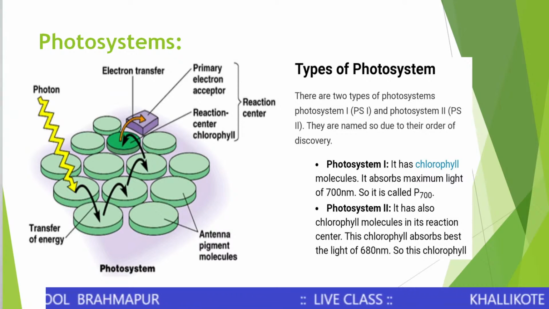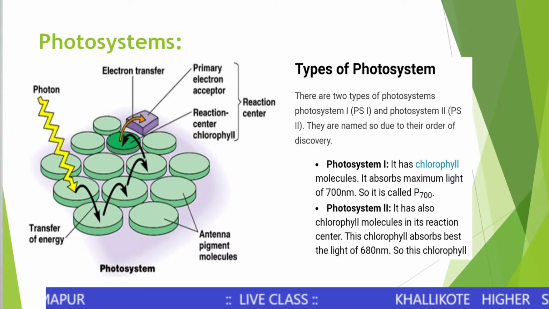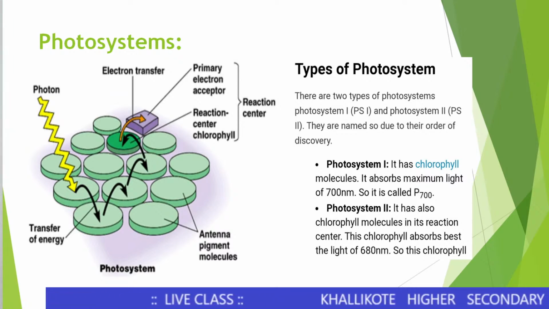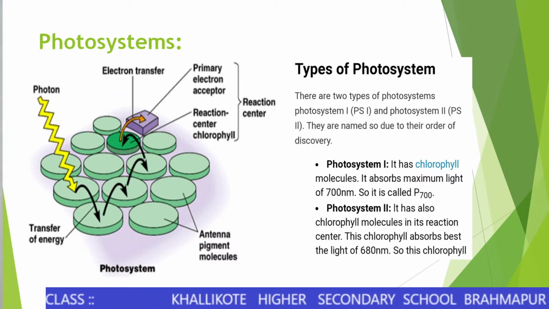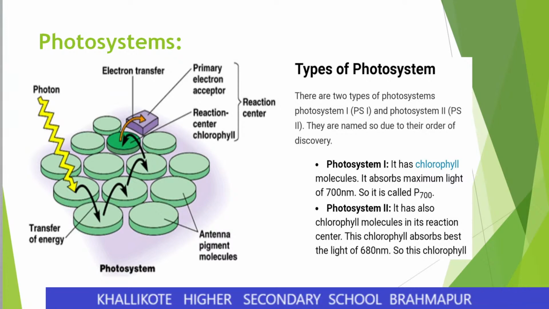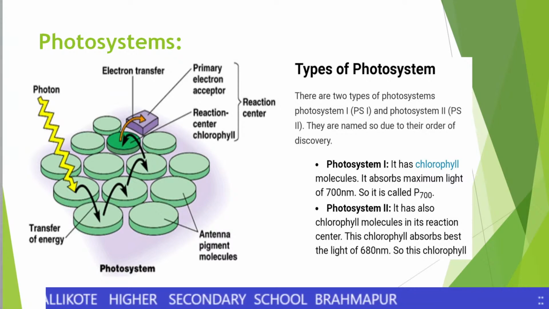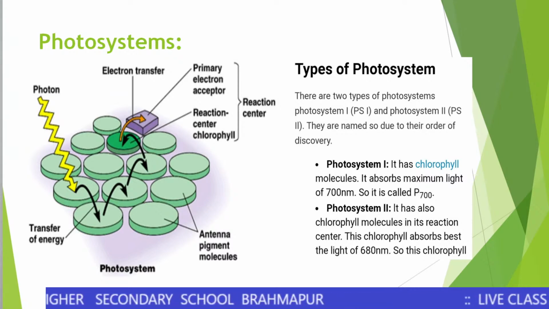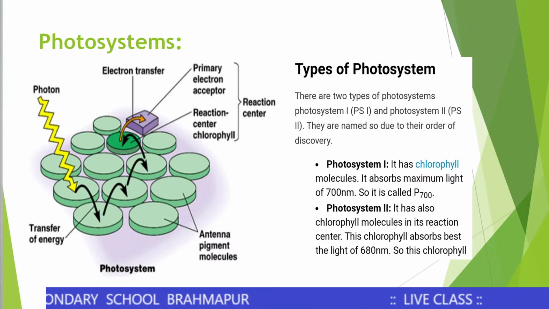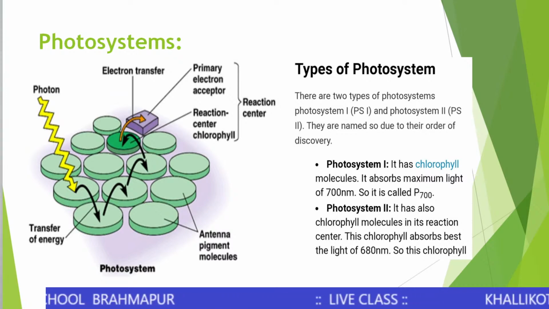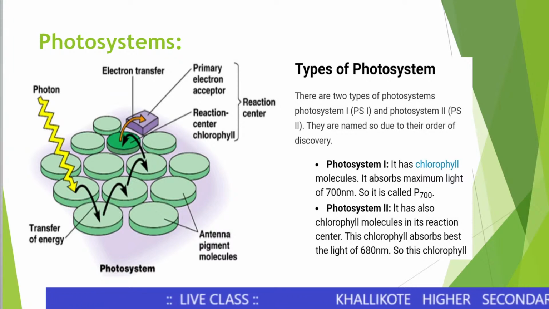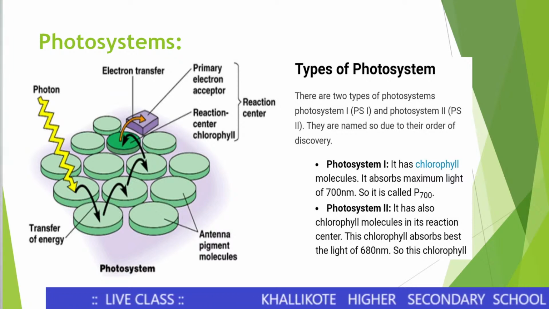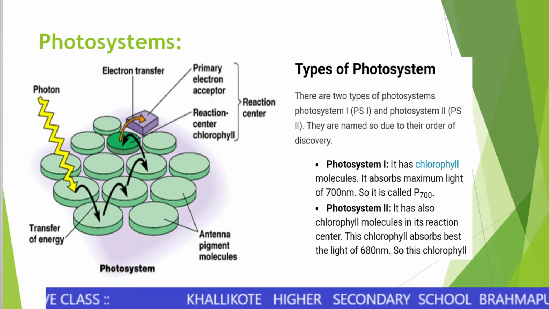Photosystem 2 has a reaction center molecule that absorbs light of wavelength 680 nanometers. So this is named P680, and it is also associated with different electron acceptors like pheophytin and quinone, and there are different antenna molecules.